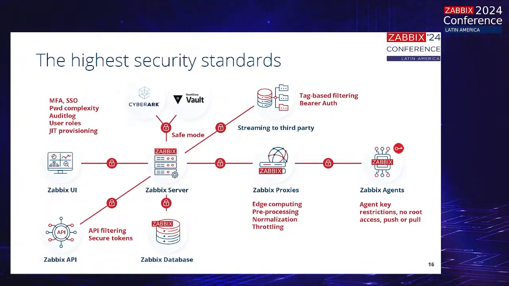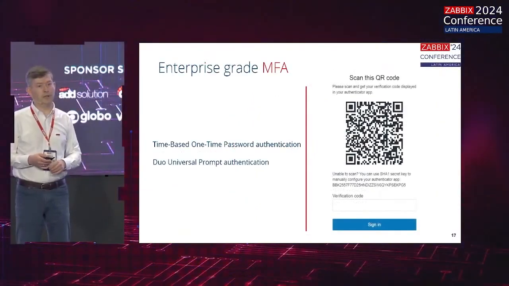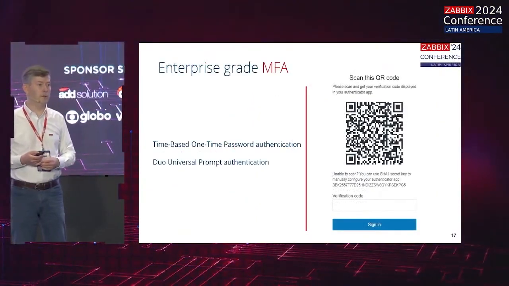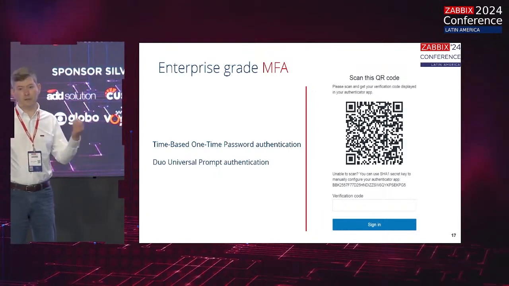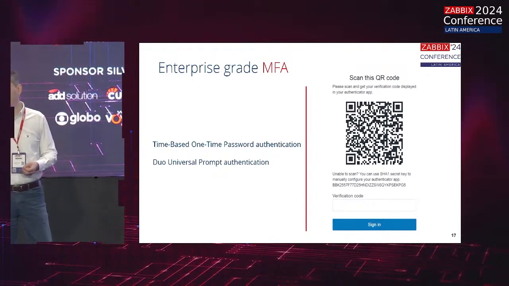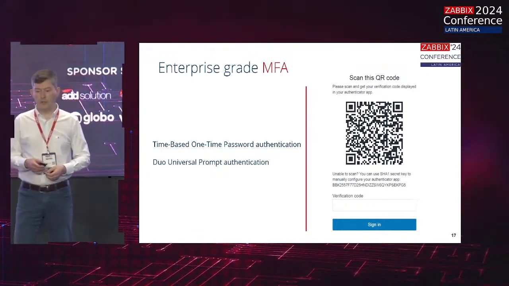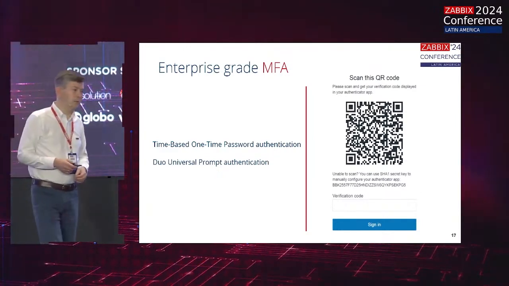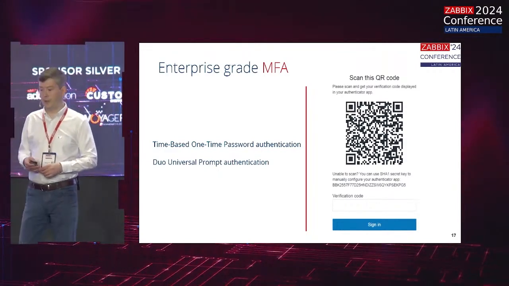For example, in 7.0, we have introduced out-of-the-box support of enterprise-grade MFA. This is really enterprise-grade functionality, and again, it's part of free and open source software. So now we have out-of-the-box integration with Duo or one-time password; you choose.